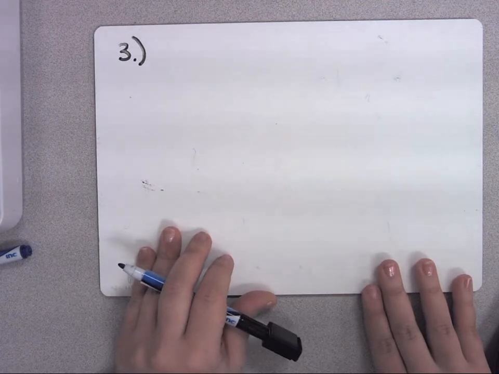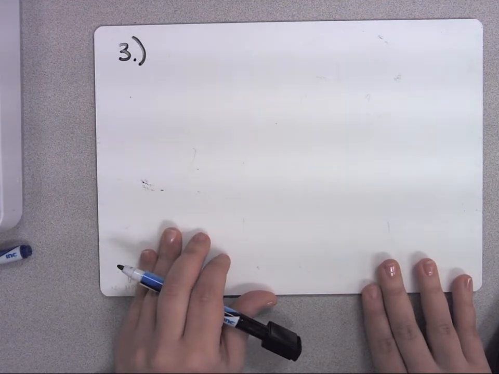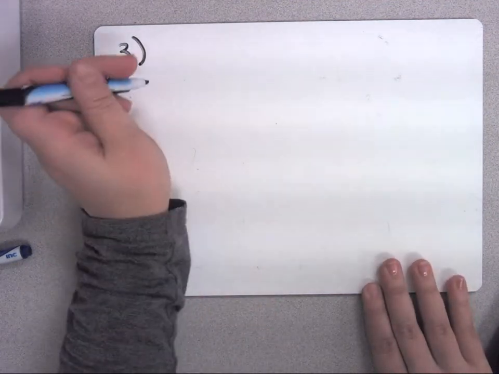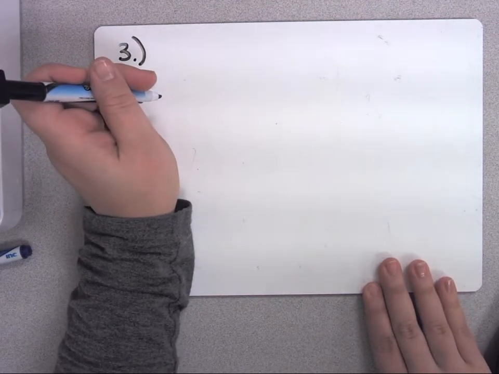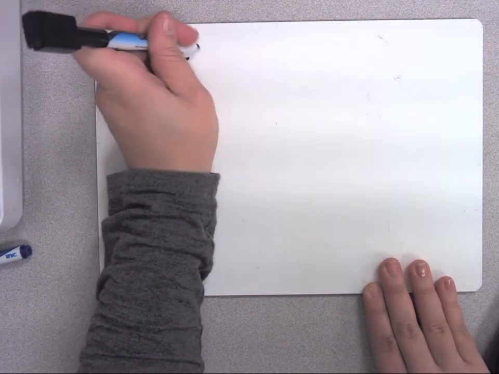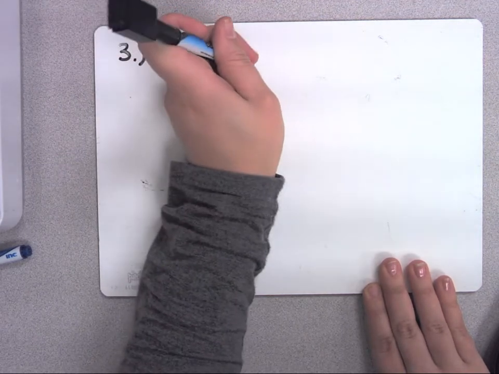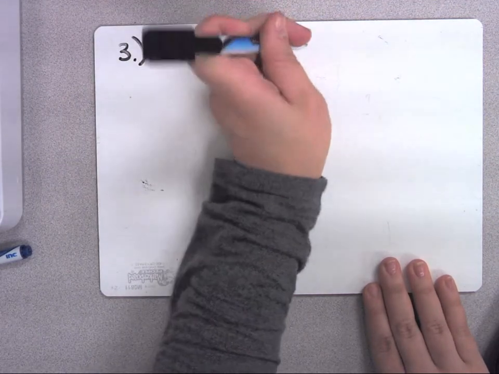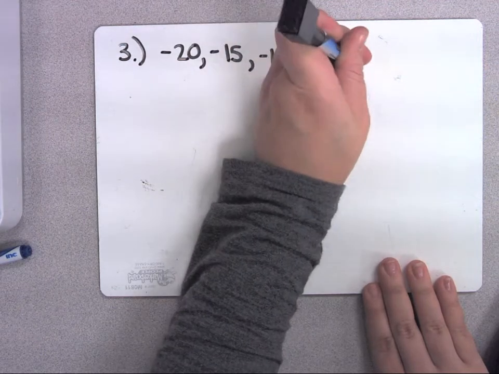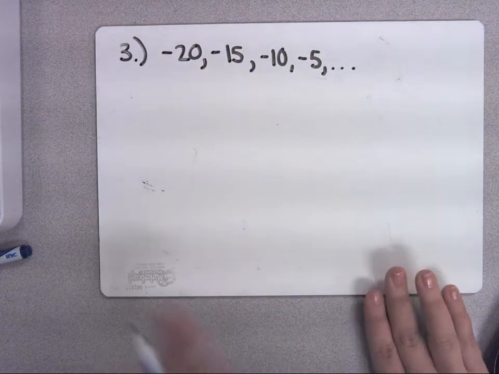How about -20, -15, -10, -5, dot dot dot. It's a little crooked, but it's okay.